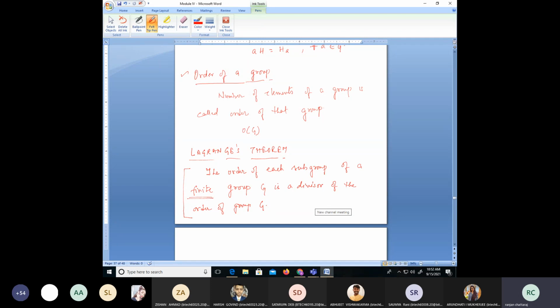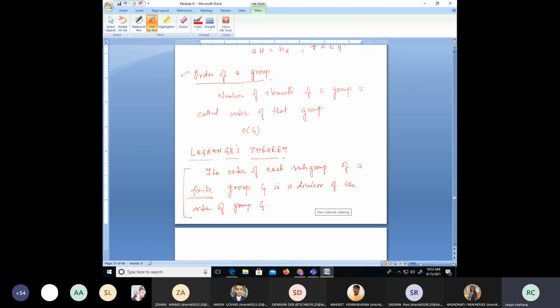Suppose we have the fourth roots of unity, 4 elements. Then any subgroup must be of order 2, order 4, that means the group itself, or 1.